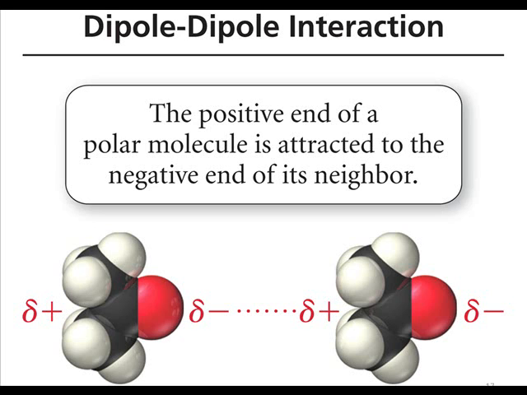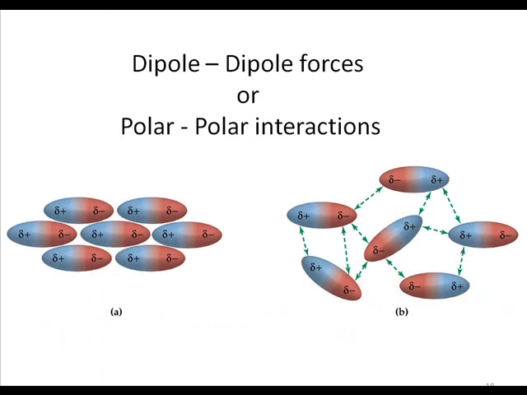It's permanently a positive and a negative side to it. And when it's mixed with another polar molecule, those polar regions line up and attract. They're referred to as a dipole to dipole interaction. They're permanent and they're fairly strong.